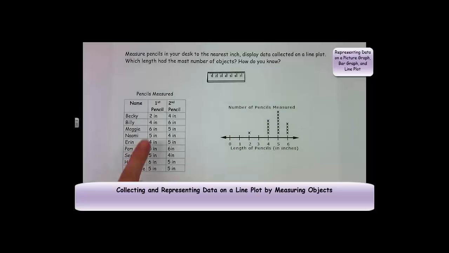And what students do is they look at their table of the data collected, and when they're bringing it over, they are looking to see the measurement in inches. And you can see here Becky's first pencil is 2 inches long. So we are going to find 2 inches on our line plot, and we're going to put an X on top of 2 inches.